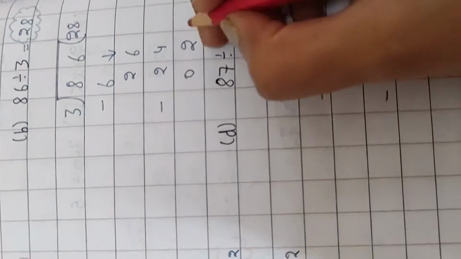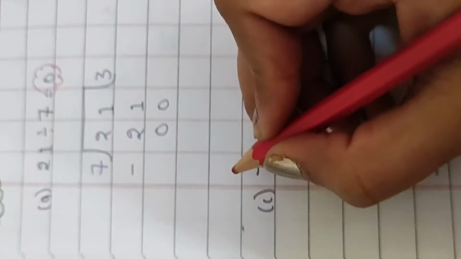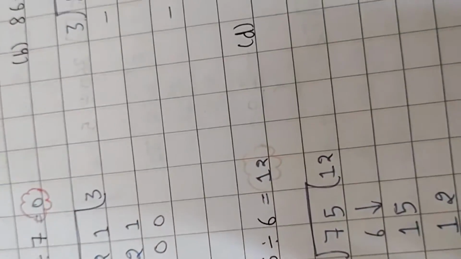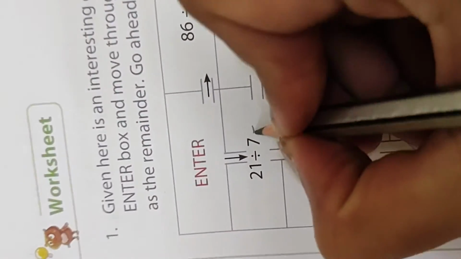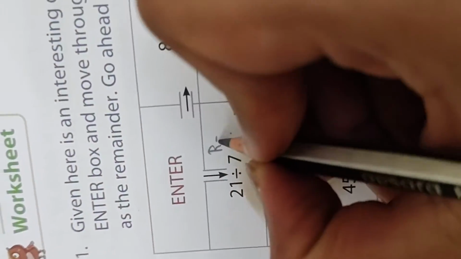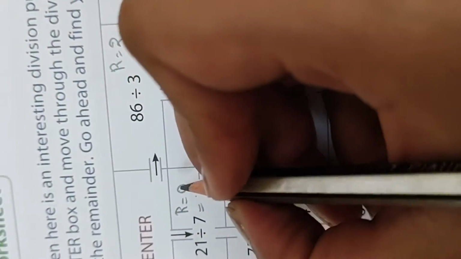So here as you can see, we are having remainder 2, and here we are having remainder 0. So what you have to do here is write r equals 0 here, and here I have got r equals 2.